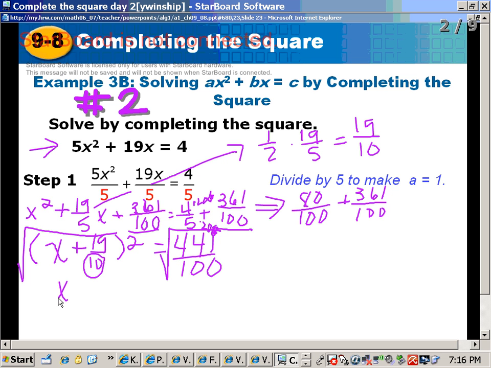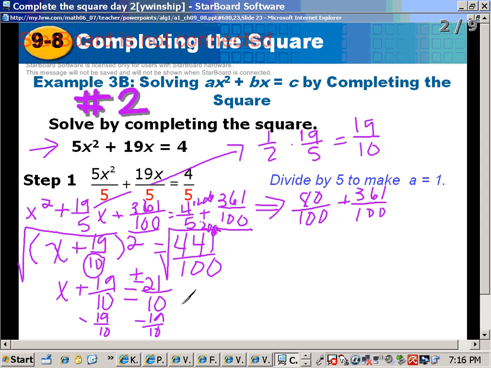That gives me x plus 19 over 10 is equal to the square root of 441, which is 21, and the square root of 100 is 10. I've got to put a plus and a minus in front of that. Now I need to subtract 19 over 10 from each side.